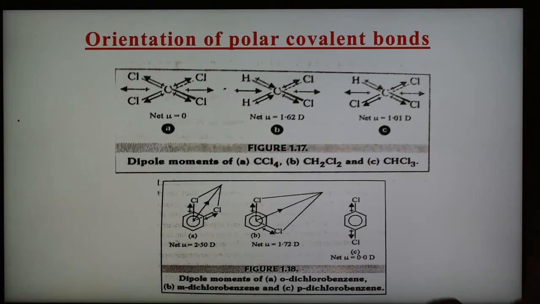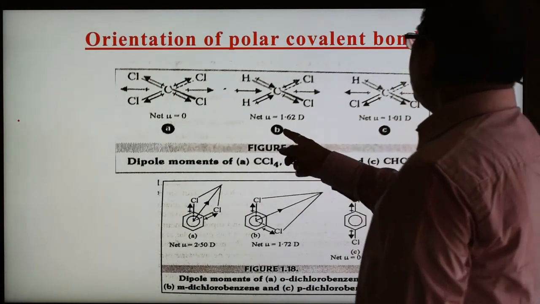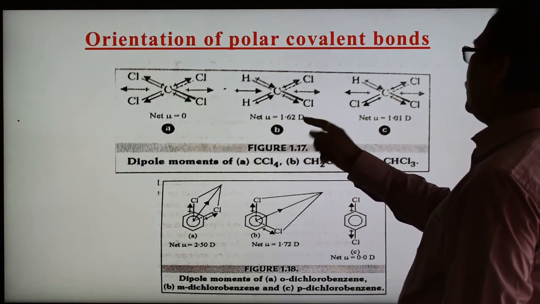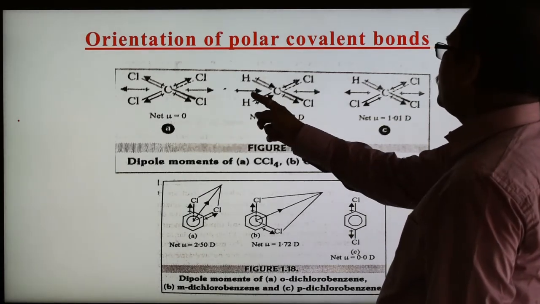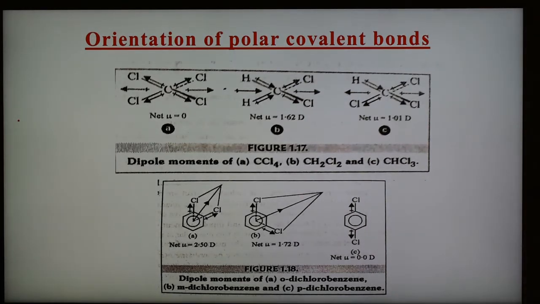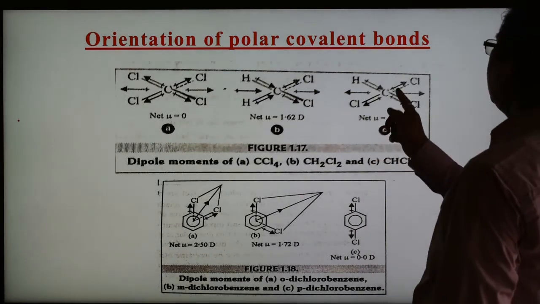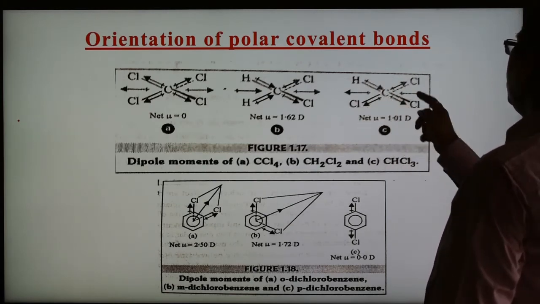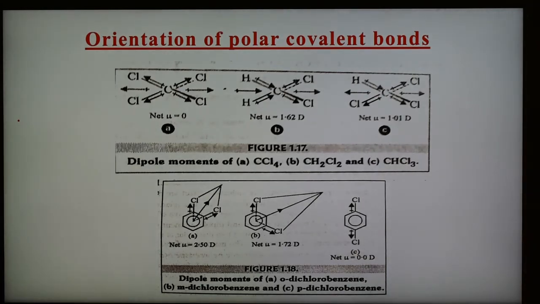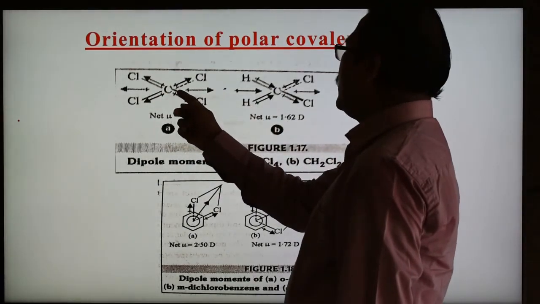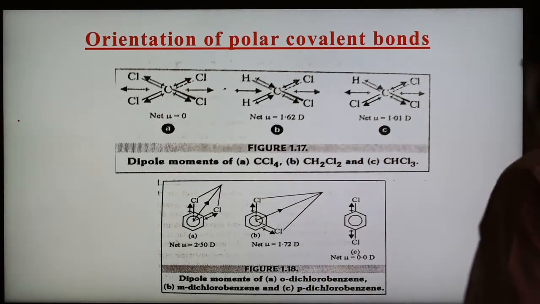So see the orientation: here is the compound CH2Cl2, methylene dichloride, with 1.62 D. See the moments of these bonds, they have directions, and by vector addition we get the result. Here is CHCl3, chloroform, having a dipole value of 1.01, and here is carbon tetrachloride having a net resultant of 0. Here half of the moment is cancelled by the other half.